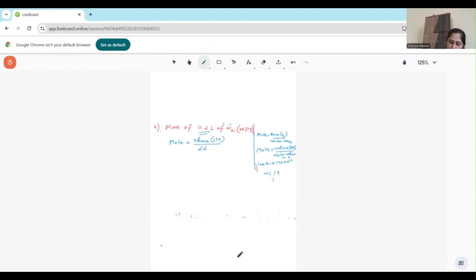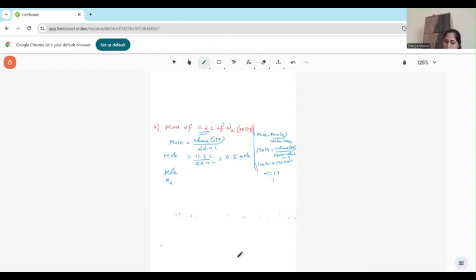So 11.2 over 22.4. How much do you get? This is the number of moles. This is equal to 0.5 mole. If you know the moles, and you know which molecule it is, nitrogen, right?